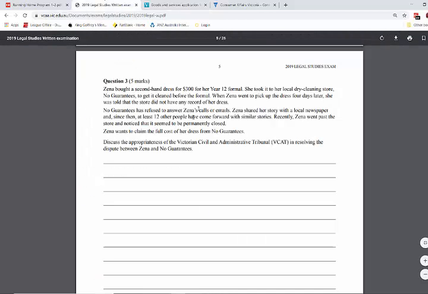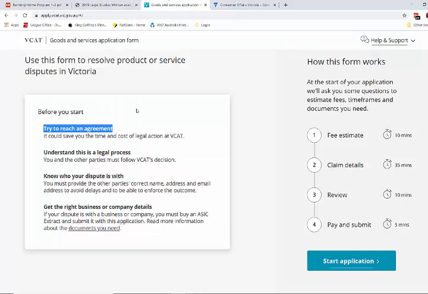If we just check this again, we'll notice that No Guarantees has refused to answer Zena's calls or emails. So we've tried that. Understand this is a legal process. You must follow VCAT's decision. So we know that VCAT makes binding decisions. And then a little bit more about just knowing who you're dealing with. And they give us some nice time estimations here.